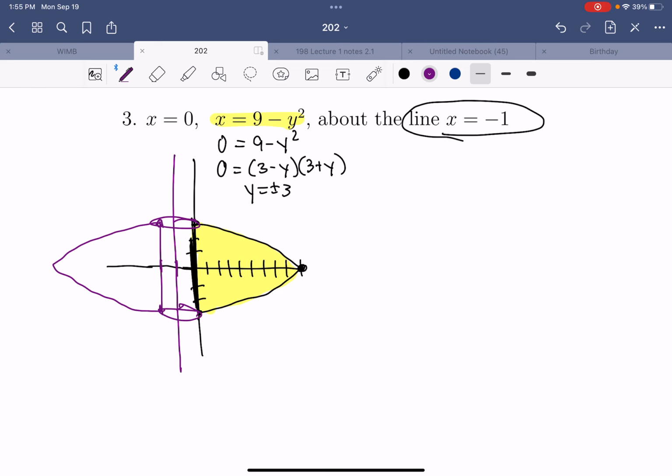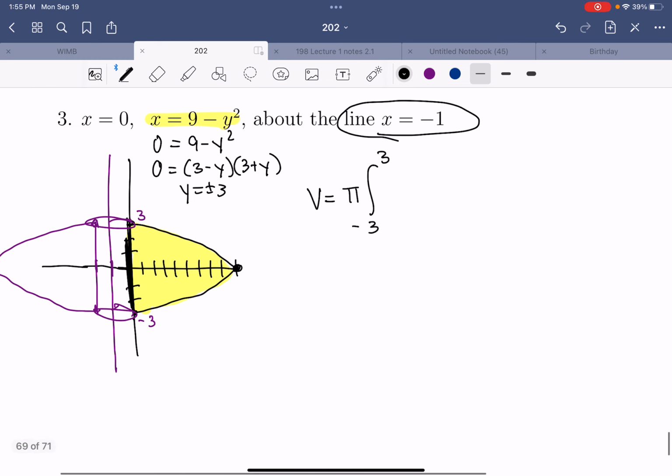When I'm thinking about boundaries, this is all in terms of y, so my y values are going to go from -3 to +3. My volume is going to be pi times the integral from -3 to +3, and again, we're thinking in terms of y's.